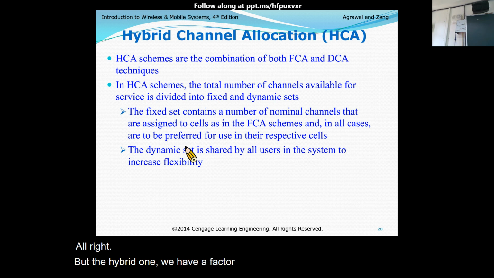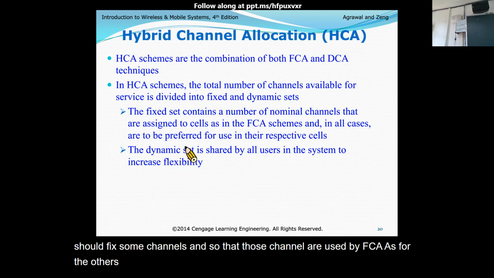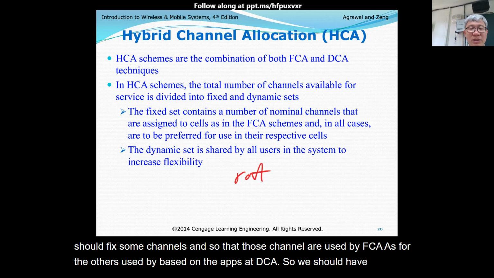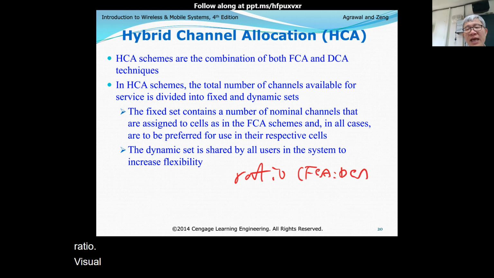We should fix some channels, so that those channels are used by FCA, and the others are based on the DCA. So we should have the ratio for FCA and the DCA.